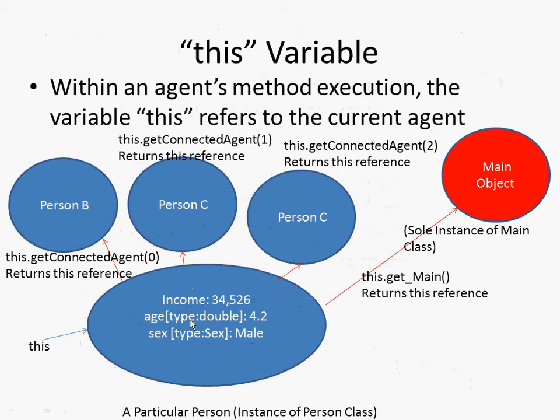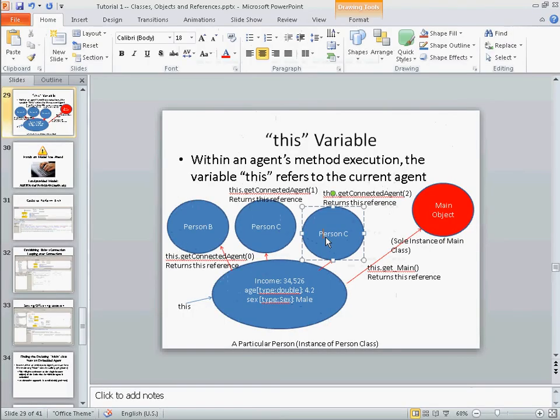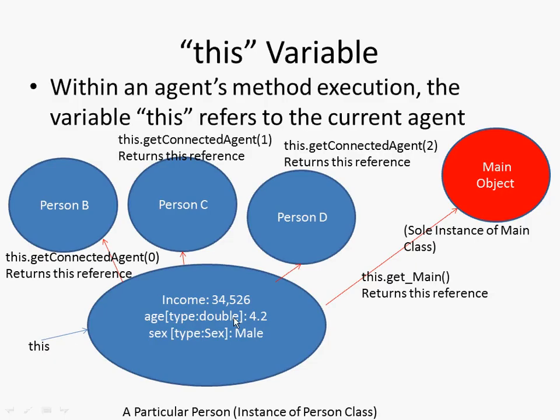They have an income, they have an age, they have a sex. And then they have people to whom they're connected. Maybe these people are their children, for example. Maybe one is their mother and the other two are their children, something like this. This is person C twice, so it should be person D. Sorry. So this person has a reference to these other persons.